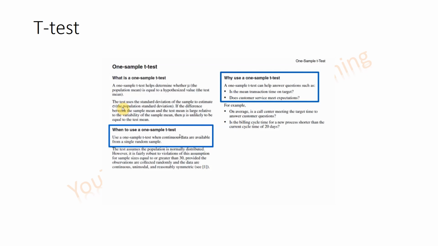We're going to use this test to see whether the mean, something like the average transaction time, is on target or off target. Does customer service meet expectations, right? So mainly we compare the average versus a target. That's how we use the one sample t-test.